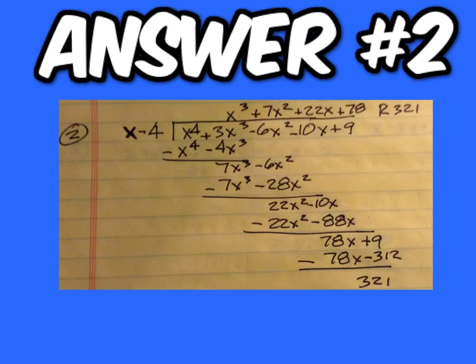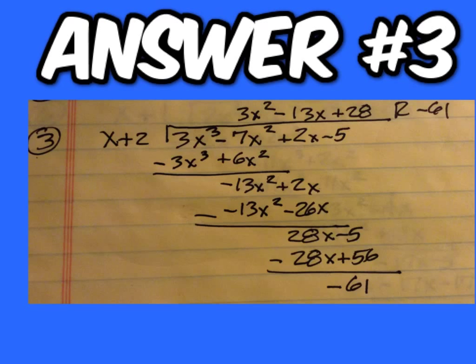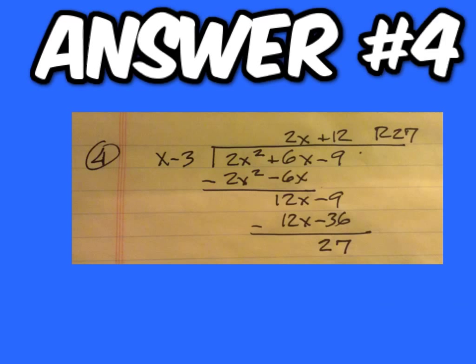Number 2 is x to the third plus 7x squared plus 22x plus 78 with a remainder of 321. The third one is 3x squared minus 13x plus 28, remainder negative 61. 4 is 2x plus 12, remainder 27.